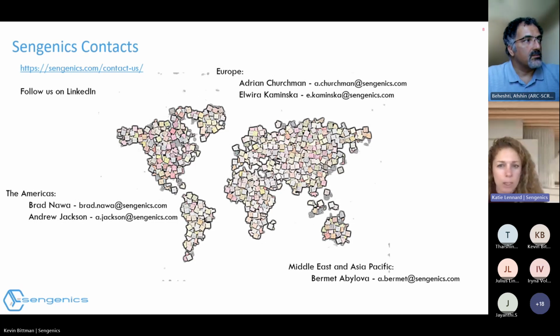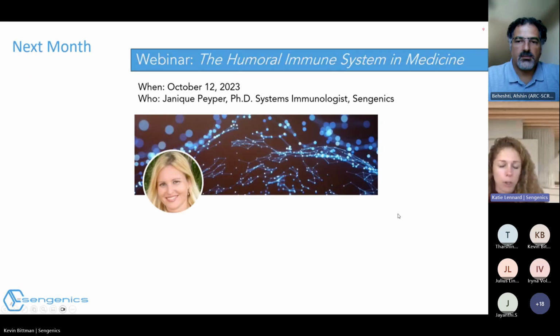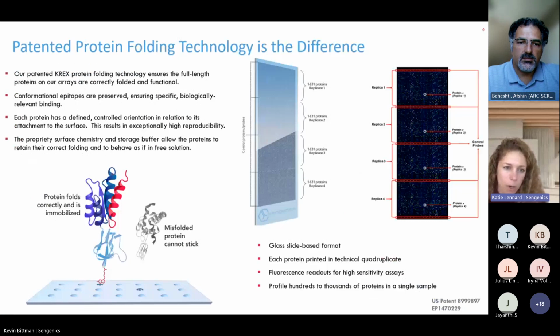From the Syngenics perspective, what we really try to do to limit false positives in the data is to mirror in vitro on a chip as closely as possible. So the slide you're showing now is to make sure that the proteins are properly folded in their native state and properly oriented on the array, because that's really where we get biologically relevant signal from.